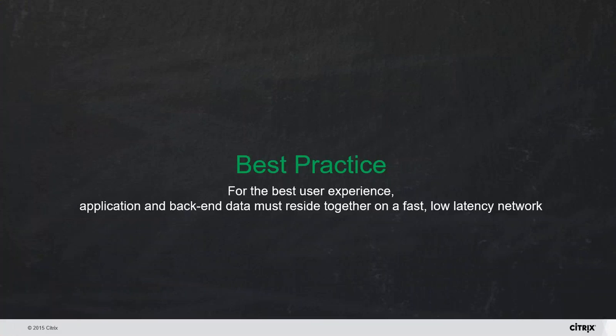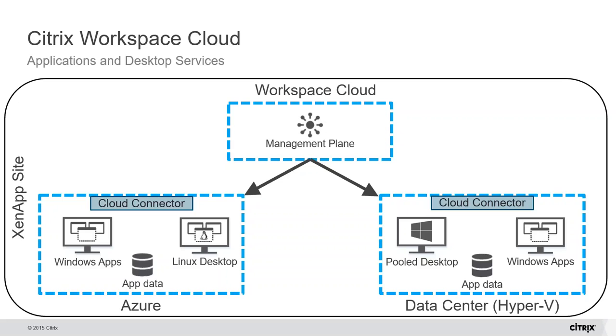Let's say you have your application separate from the backend data. The app's going to work, but as the app needs to read that data, there's going to be latency in the app, and the user is going to experience that latency, and it's going to look like the application is slow. So that's why we want the app and data to reside together in the same network.